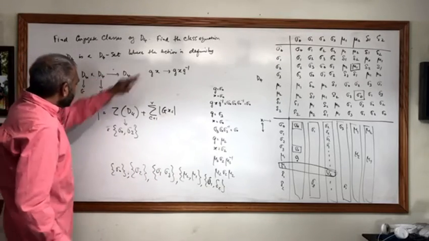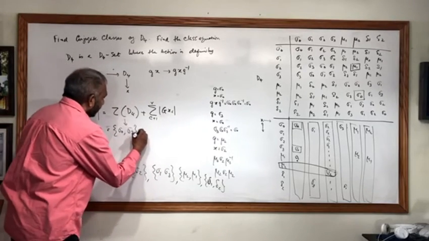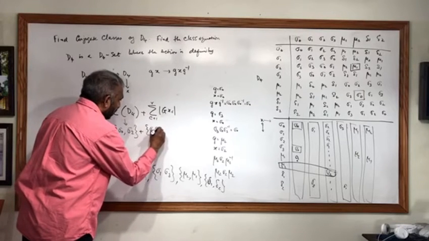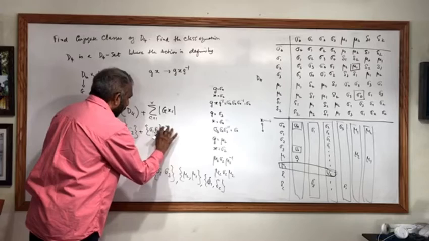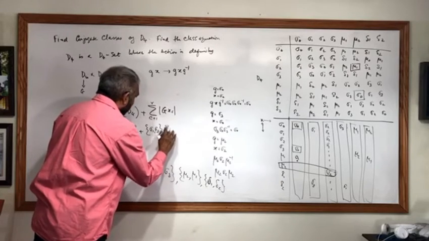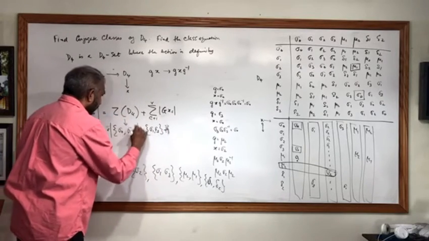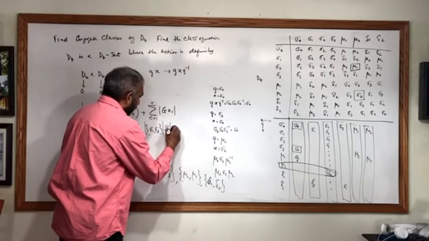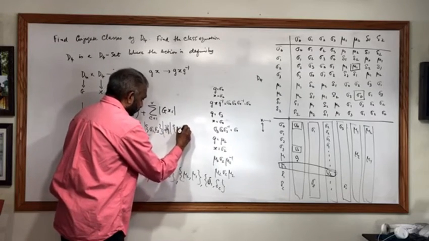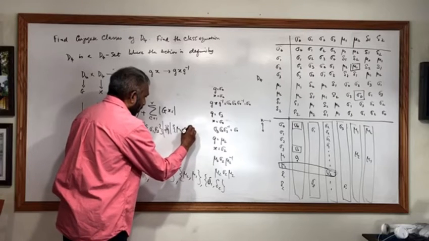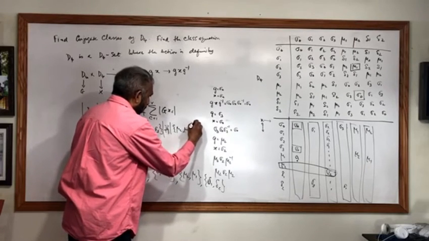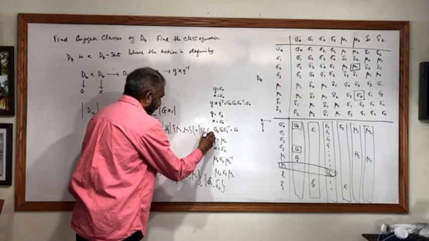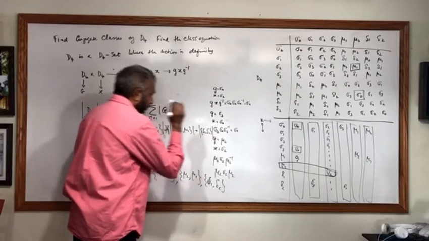And the class equation will be, this will be again sigma 1 sigma 3 plus you will have the order of this plus the order of mu2 comma mu1 plus delta 1 comma delta 2.